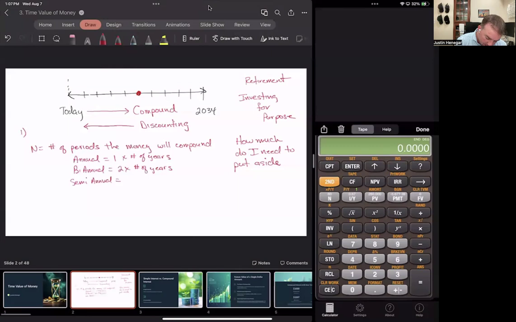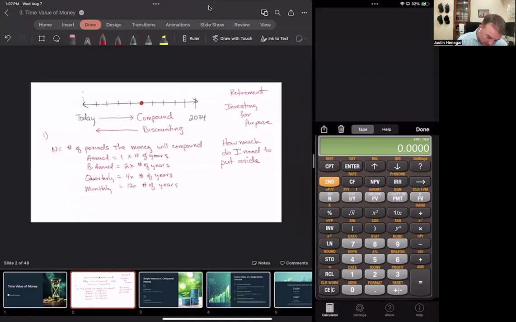Quarterly will be 4 times the number of years. And if we do it monthly, we will have 12 times the number of years. We'll get into that. We'll look at some problems shortly. So that's N.